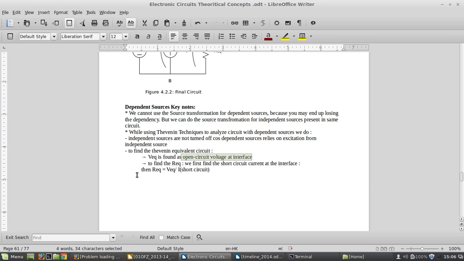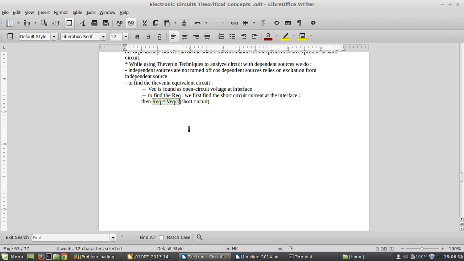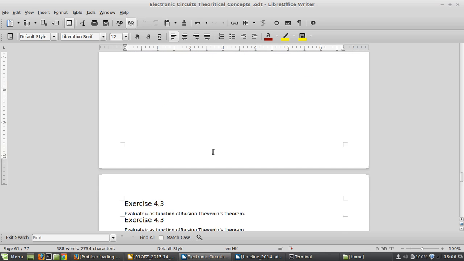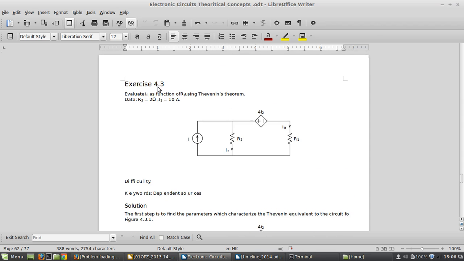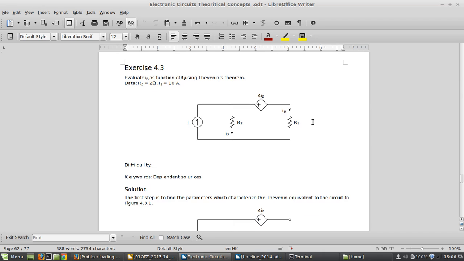For R equivalent, this is totally different: you have to be careful about turning off the independent sources. The second thing is to find the short circuit current at the interface. After finding the short circuit current, you can immediately find R equivalent by a simple Ohm's law, V equivalent divided by the short circuit current.